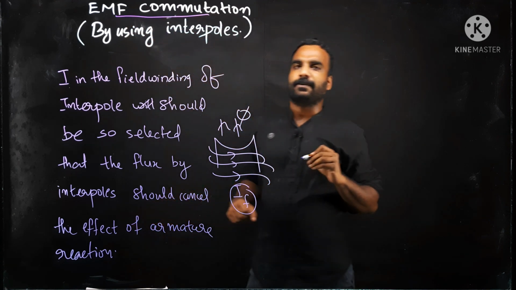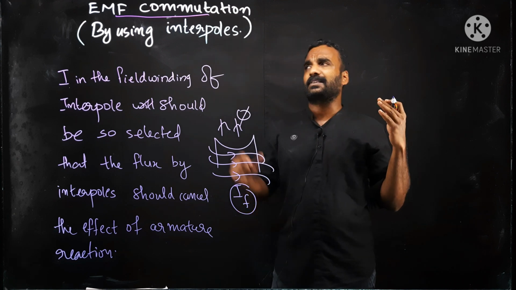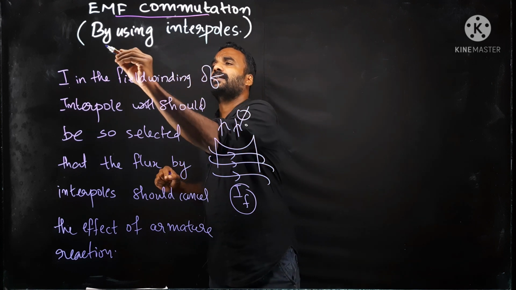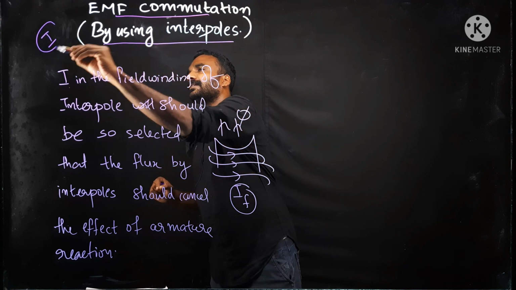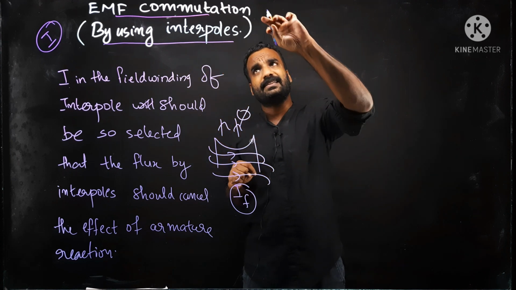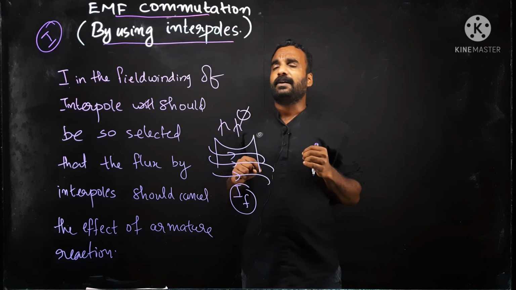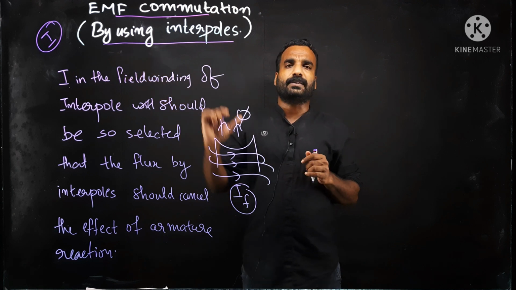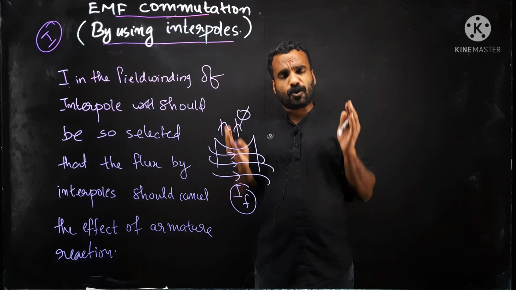There are numerous methods under EMF commutation, but in our syllabus we are covering only one method, that is by using interpoles. In our time constraint, we are discussing only this method, and it is really common in all DC generators.